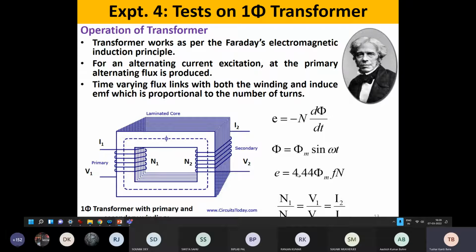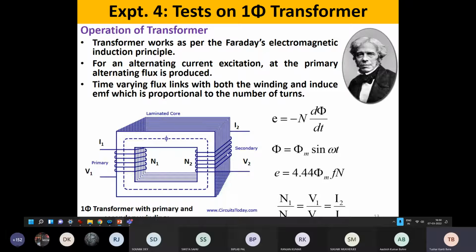According to Faraday's electromagnetic principle, due to the current flow in the primary winding, the flux will be produced, and that flux will also be a time varying flux, alternating flux, because the current is alternating. Generally currents are sinusoidal in nature, so that sinusoidal current will develop sinusoidal, time varying flux, and that flux will be linking with the winding put on the other limb.